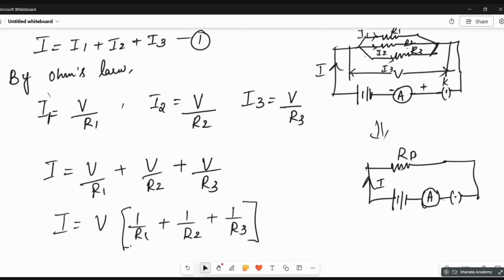For that also, if I apply the same voltage V, I need the same current I. Now for this circuit, if I apply Ohm's law, what I will get for the same current I is the same voltage by R. I'll call this equation 2 and this equation 3.